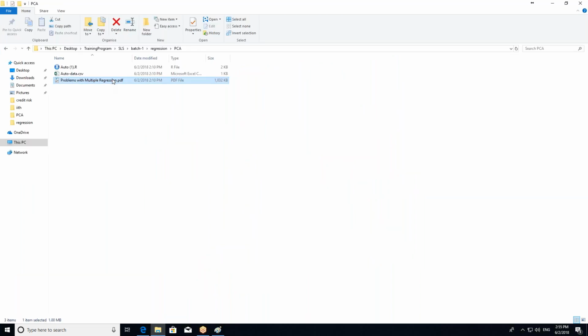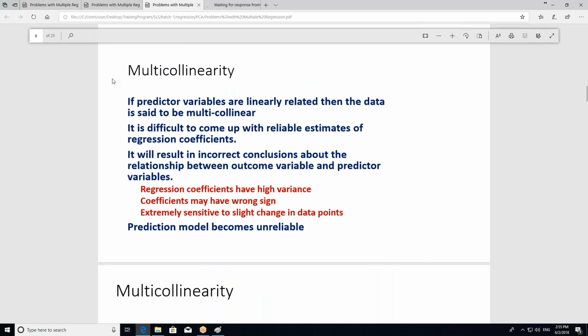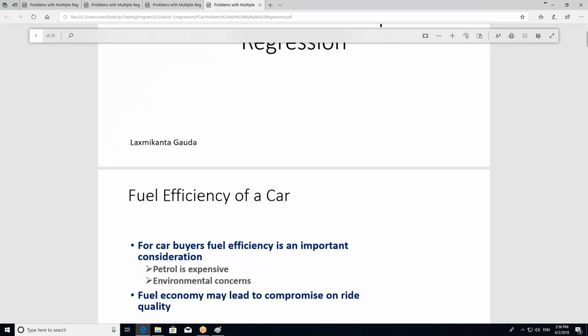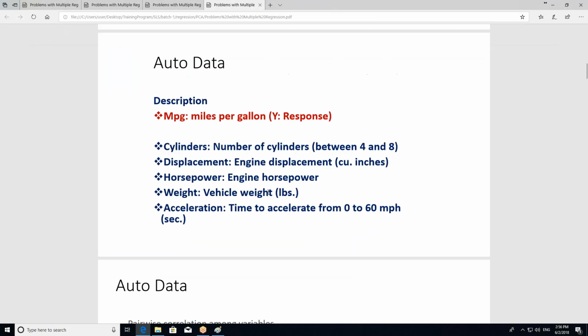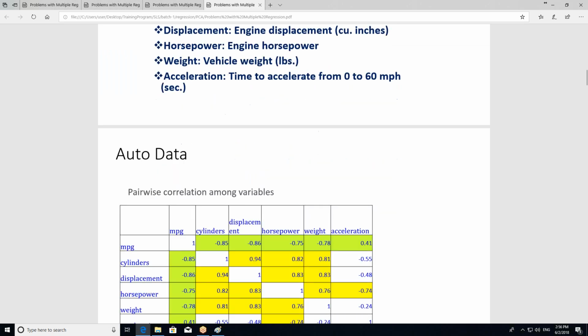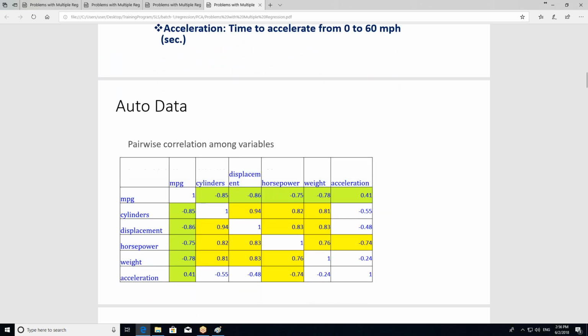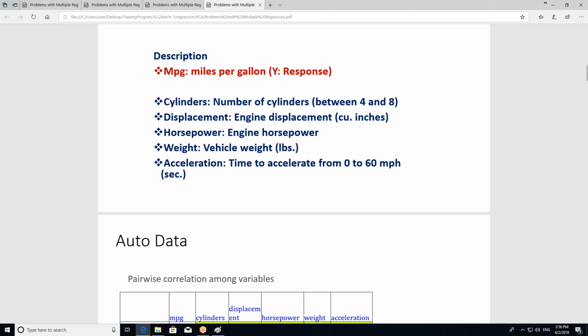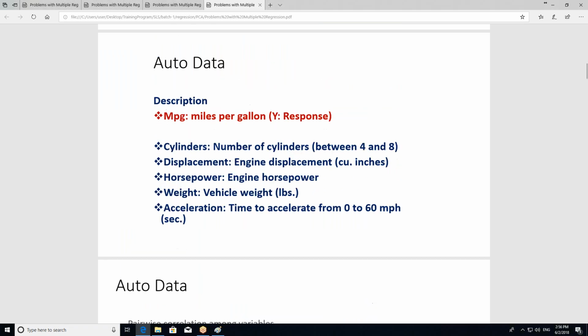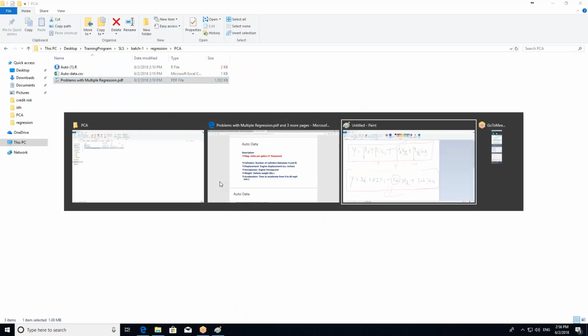Which variable is beta 2? Is it acceleration? It says displacement. The displacement is actually positive, but your model says it is negative.